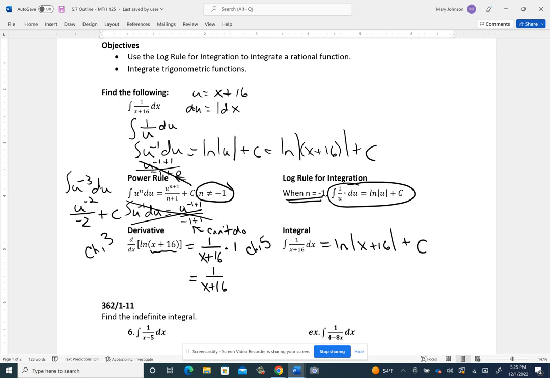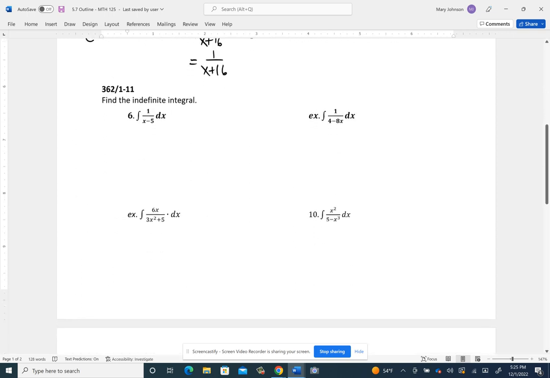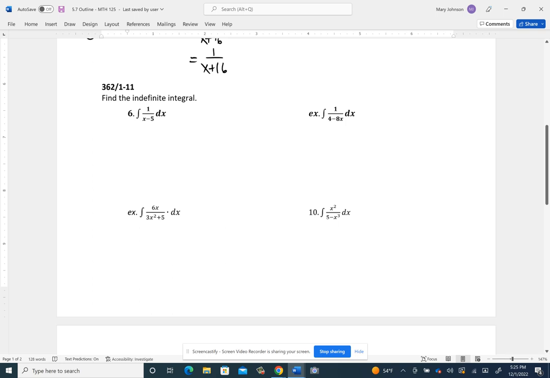We did a little bit with the log rule for integration in section 5.1. Now we're just looking at working with it in a little more detail, looking at when you might have an inside function involved. Here, we've got some inside functions involved, so let's go ahead and give these a try.